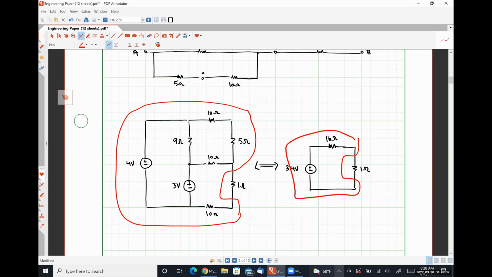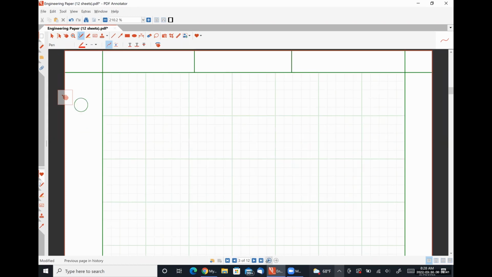So the next thing we're going to talk about here is the Norton equivalent circuit. And what goes into a Norton equivalent circuit is defined by Norton's theorem.